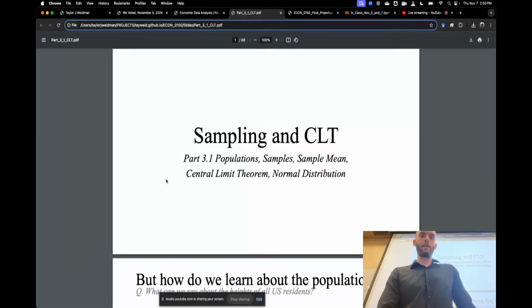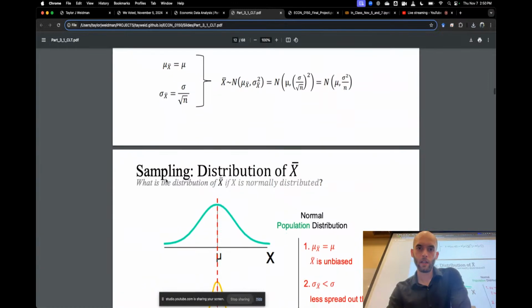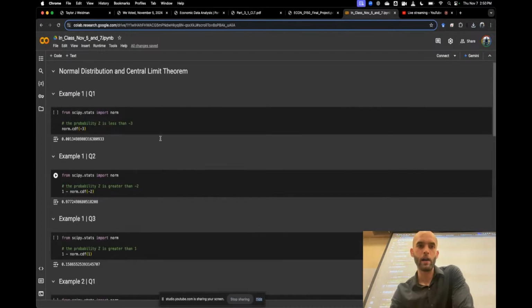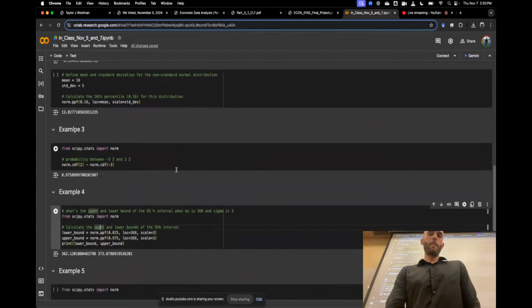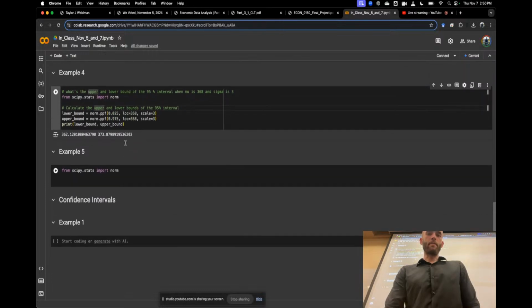So you can also just download the slides here and go through some of these things. We did a bunch of examples, and that's what we have in our Jupyter notebook from last time. So we're going to continue working in Jupyter with Python, or our Colab notebooks.